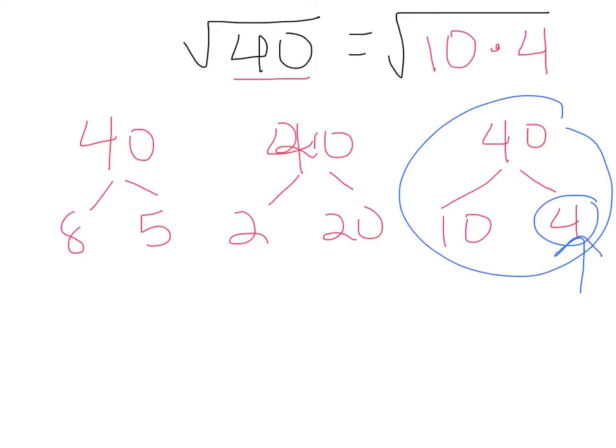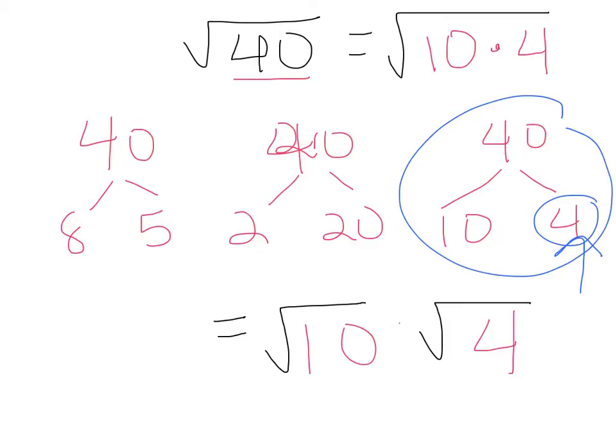And a property of radicals is that we can break them up into separate things. Okay. Why is that of any importance? The importance is, even though 10 is not a perfect square factor, 4 is, which means I can evaluate the radical of 4 and let it be a whole number. So the whole number will actually be 2. So this square root of 4 is really 2.